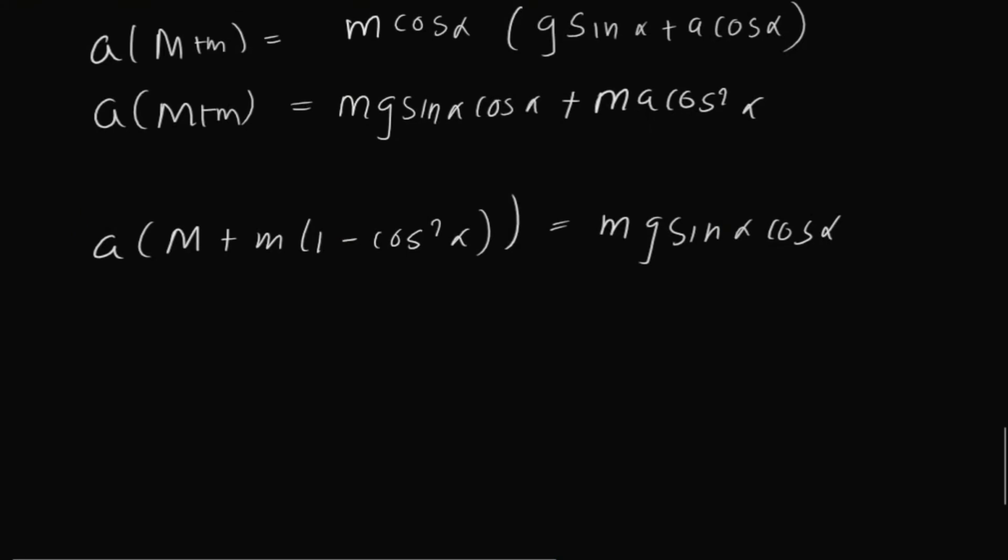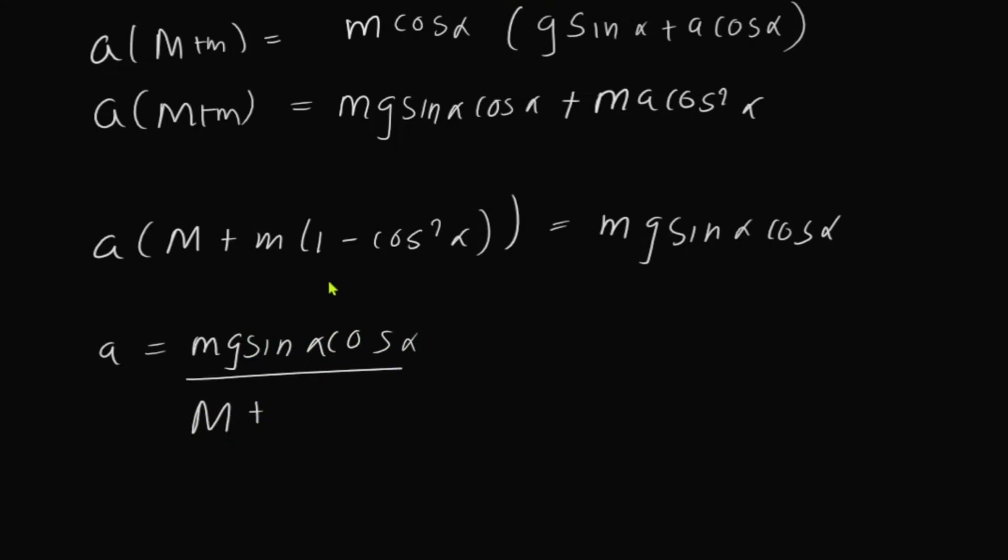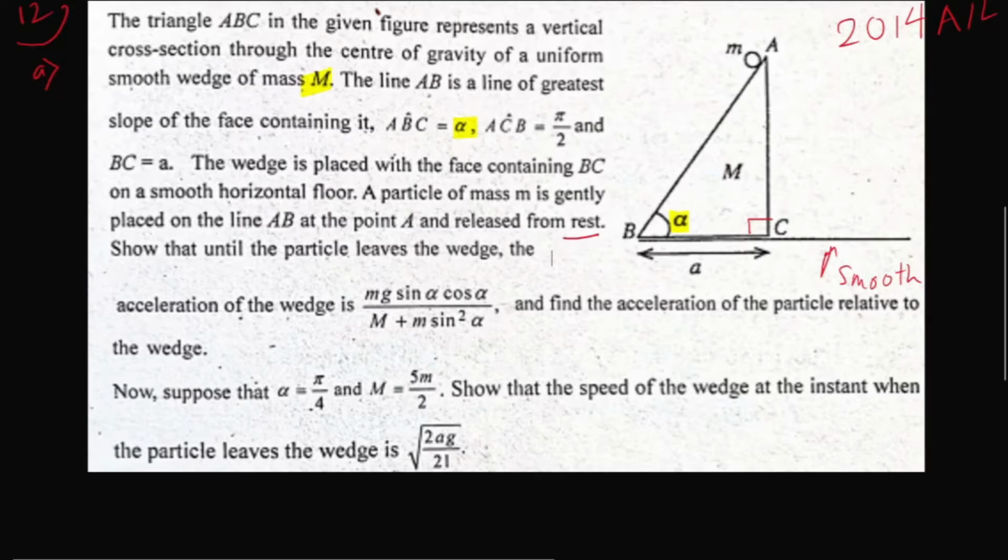And if you subject A, you are going to get A is equal to mg sine alpha cos alpha over capital M plus simple m times 1 minus cos squared alpha, which is sine squared alpha, right? So this is the answer, I guess, right? This is what they are asking us to find. Okay, that's done, right?